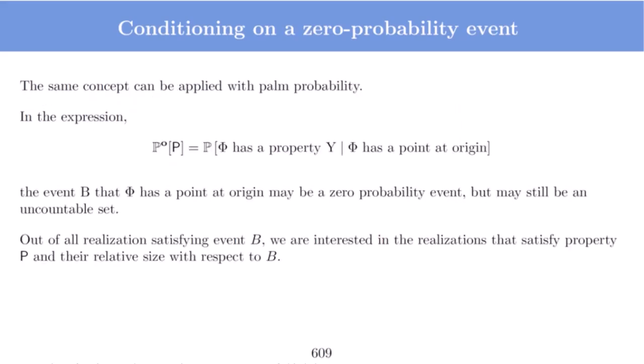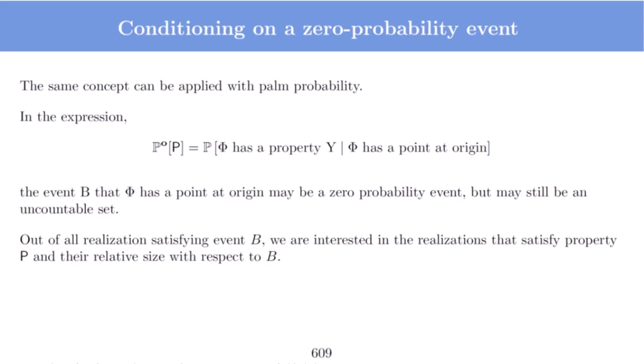So the same thing can be applied to the Palm probability also. Remember, when we condition that phi has a point at the origin, you are taking a zero probability event. You are only taking those realizations in which phi has a point at the origin, which is very small. It has zero probability, but they can still be uncountable. There can still be an uncountable number of realizations which have a point at the origin.